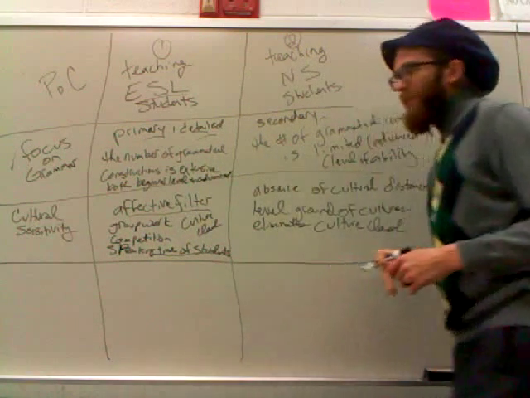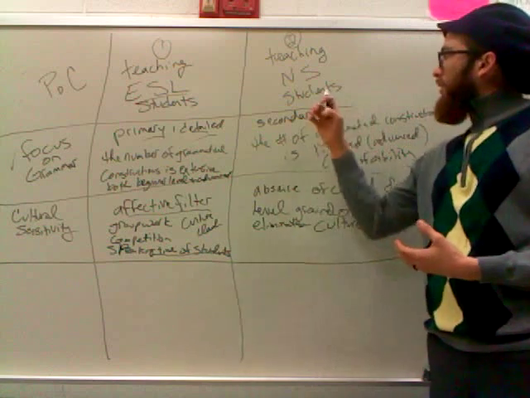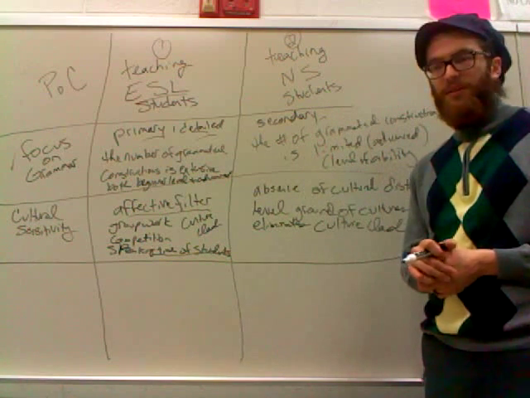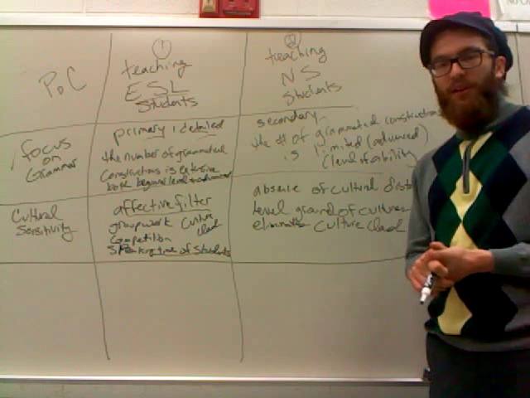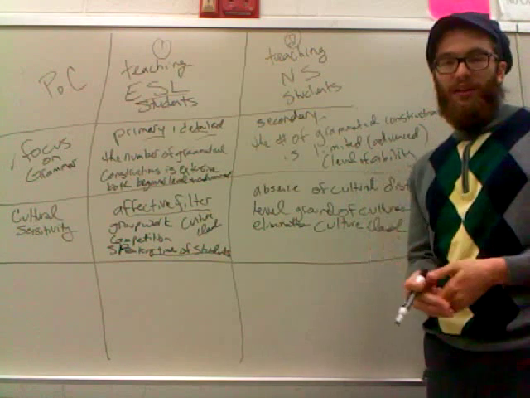There's no potential for culture clash. So when I'm designing my assignments for native-speaking English students, I don't have to think about cultural sensitivity because we're all Americans. All right, our third and final point of comparison will be similarities.